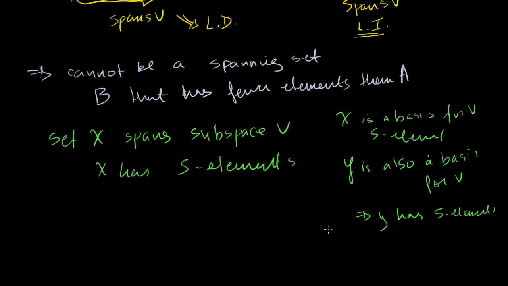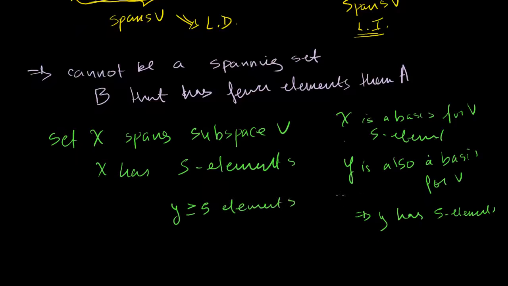Well, if Y is a basis, then that means that it spans V. And we know it can't have anything less than 5 elements. We just proved that. So, one way we know that Y has to have greater than or equal to 5 elements.